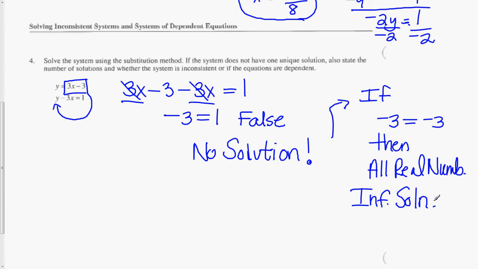Either one means the same thing. So in this example, it was a false statement, so that makes no solution. But sometimes you may have a true statement, so you need to watch for those. And you could have all real numbers or infinite solutions, depending on the choices you have for your answer. So that is solving systems with substitution.